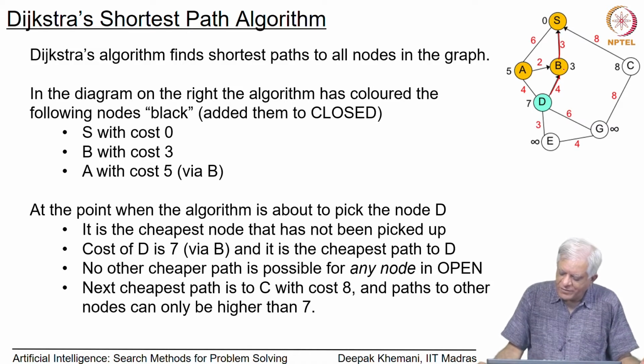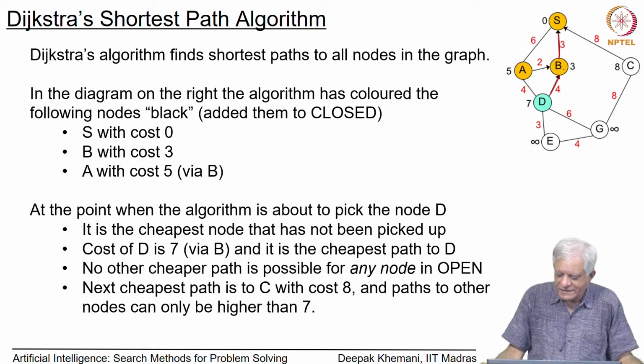But at the point when Dijkstra's algorithm picks up this node D, it is the cheapest, and there is no other cheaper node available at all, because the algorithm says to pick the cheapest node and color it black. So, this is the cheapest node, and the path that we have found to it is also the best path essentially. The next cheapest node would be of cost 8, which is C, and all other paths to all other nodes would have been more expensive.